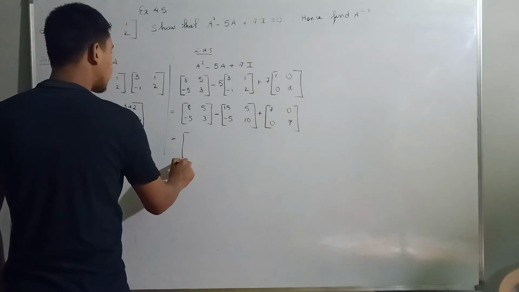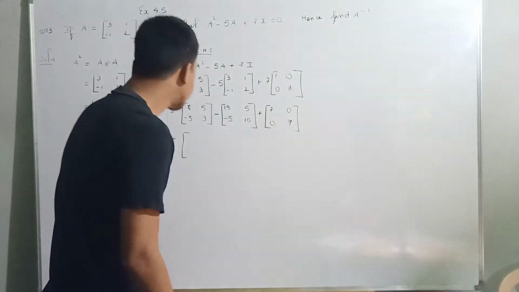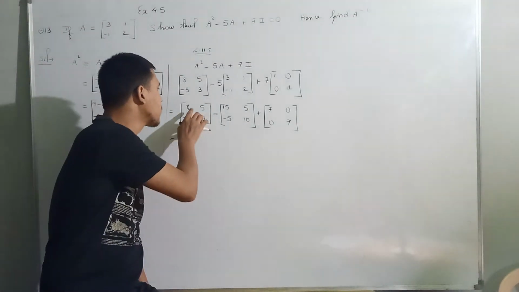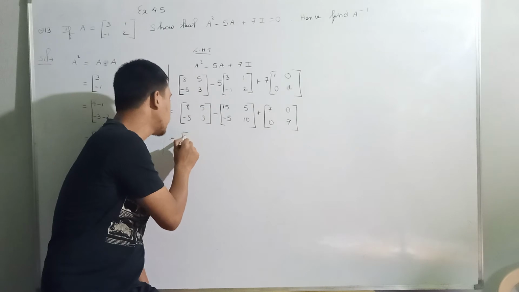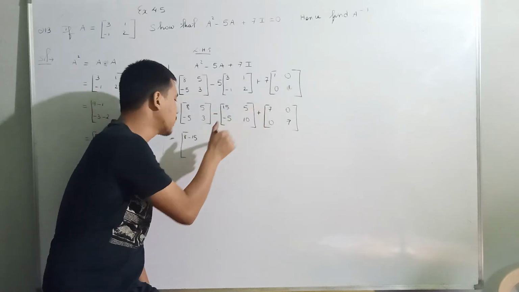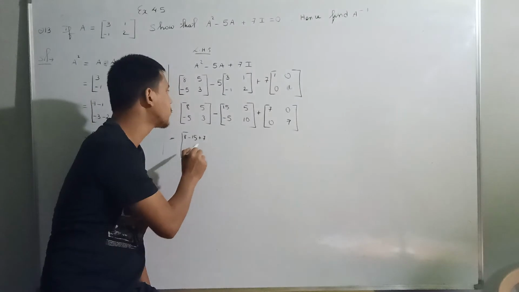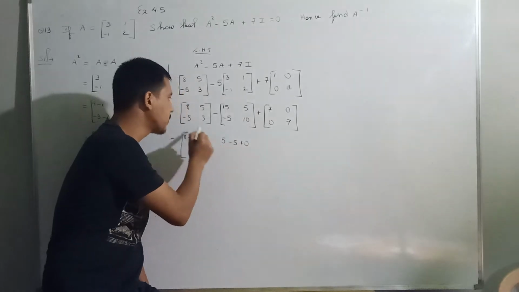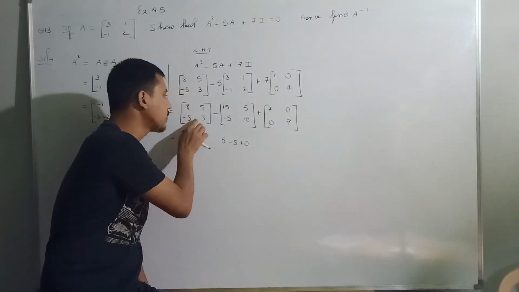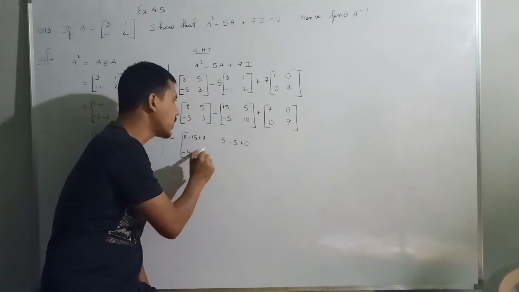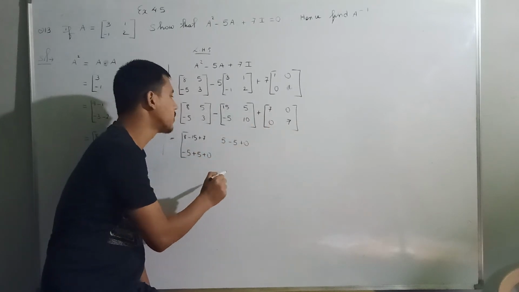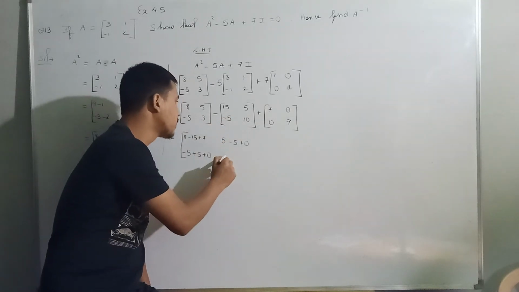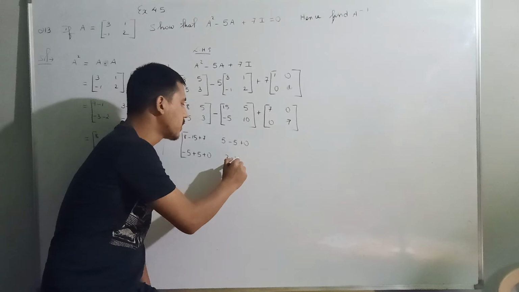Now if you are subtracting or adding 2 or more matrices, then all its corresponding elements should be added or subtracted. 8 minus 15 plus 7, right? Next, 5 minus 5 plus 0, minus 5 plus 5 plus 0, adding or subtracting all the corresponding elements depending upon the sign. 3 minus 10 plus 7.